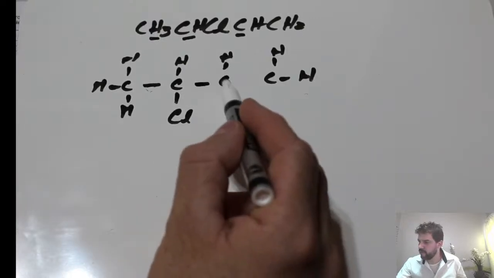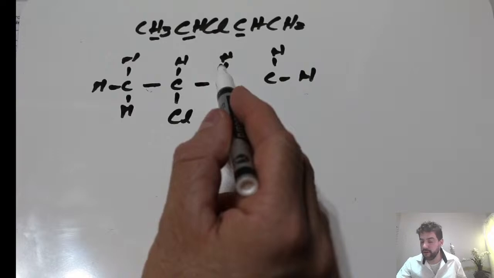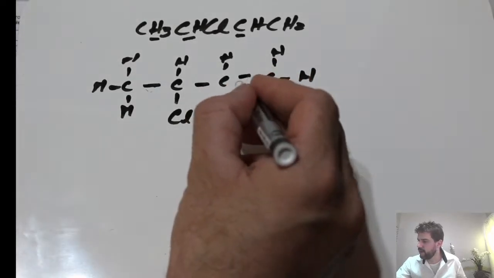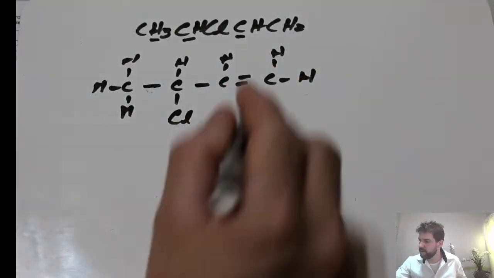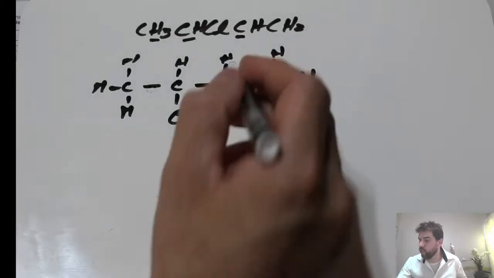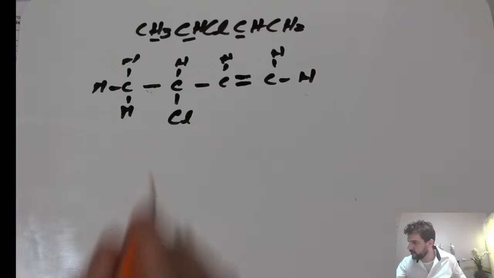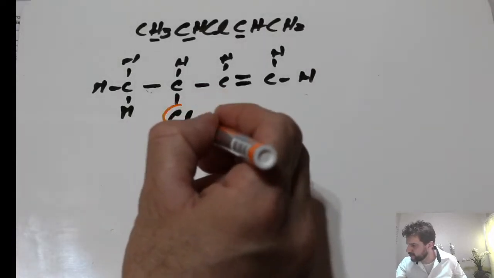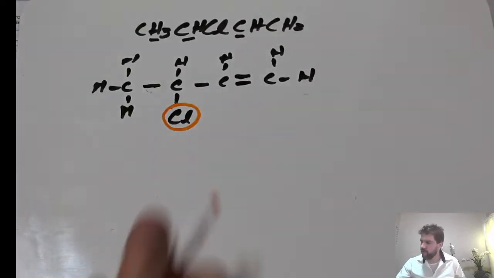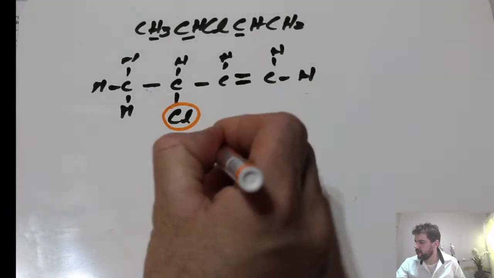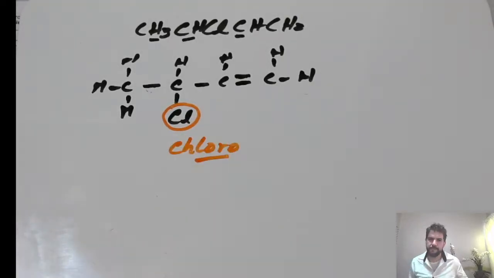So this carbon has 1, 2, I need 2 more. Those are going to be 3 and 4. So it means this one is an alkene, which does have a halogen. So it's not a haloalkane, but rather an alkene. You have here chloro. There we go. So now let's write the name of this specific compound.